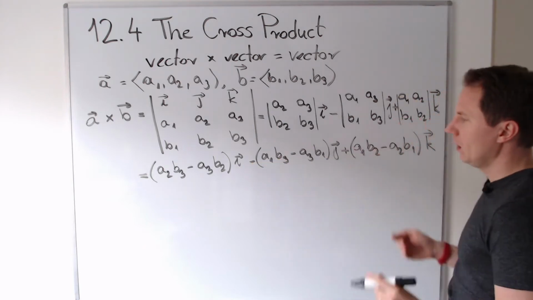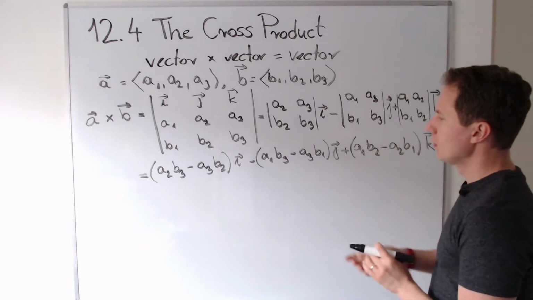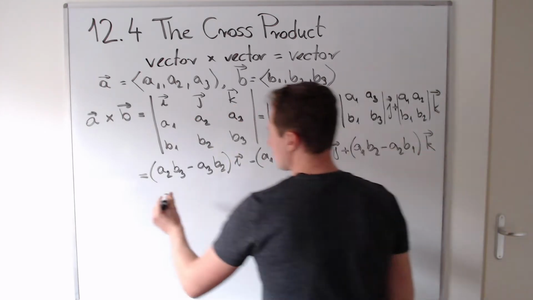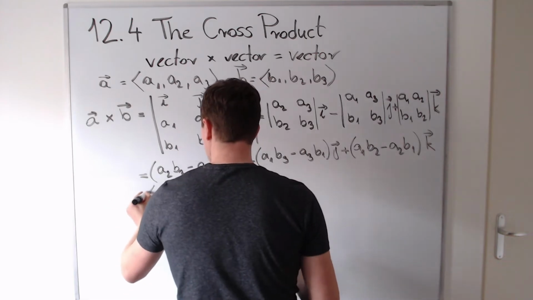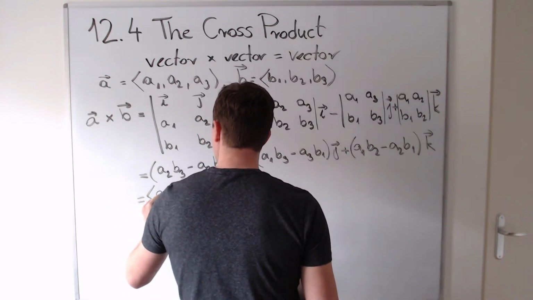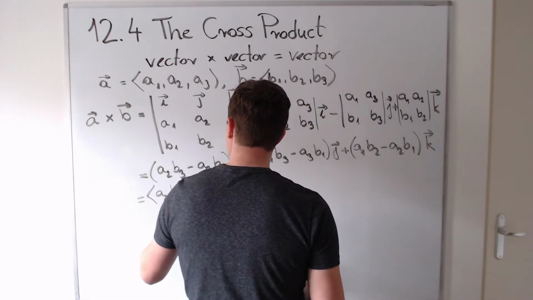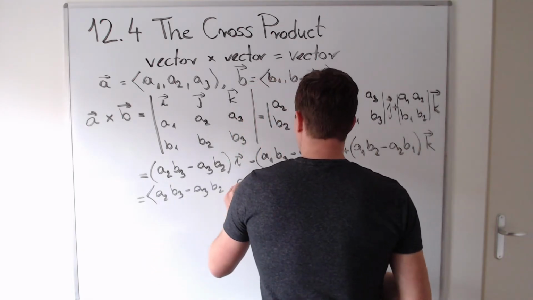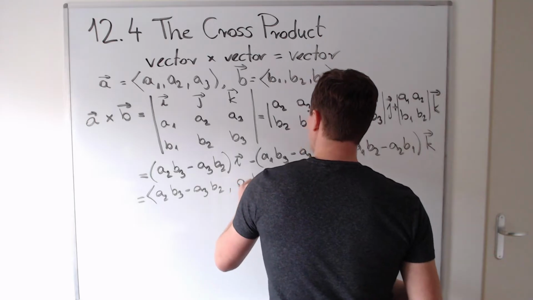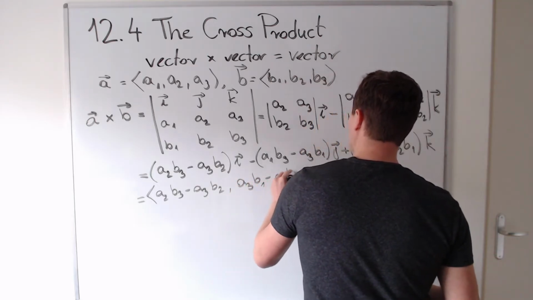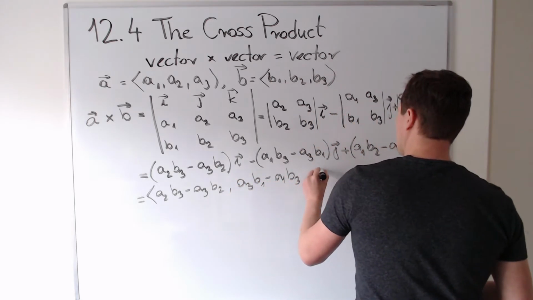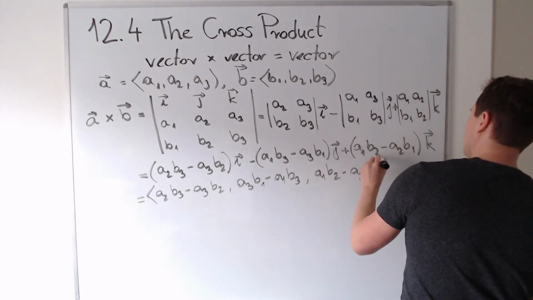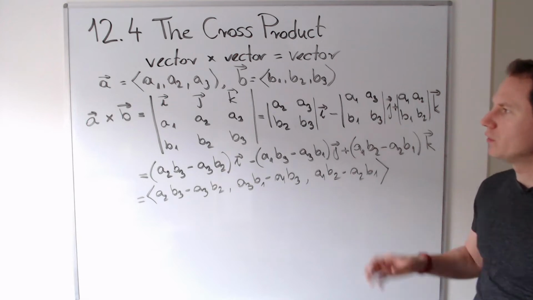So this is the expansion of the cross product in terms of i, j and k, and of course in terms of components one could just collect these components on the right: A2 B3 minus A3 B2, A3 B1 minus A1 B3 and A1 B2 minus A2 B1 for the three components of the cross product.